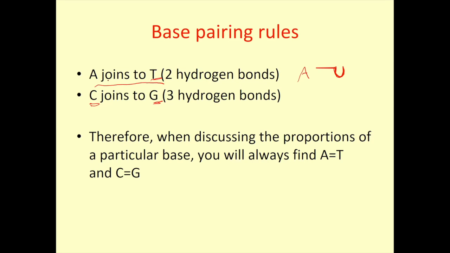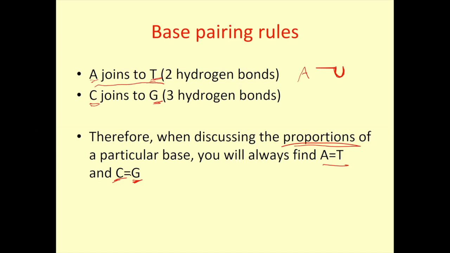Why is it actually biochemically only A joining with T? Oh, by the way, sometimes there's a question on proportion, a bit of numeracy, and you can work out proportions, because if you know the proportion of C, then you will know the proportion of G, and then you will therefore know A and T. So if you know the proportion of any one of these four letters, you can work out the proportions of all the other letters.